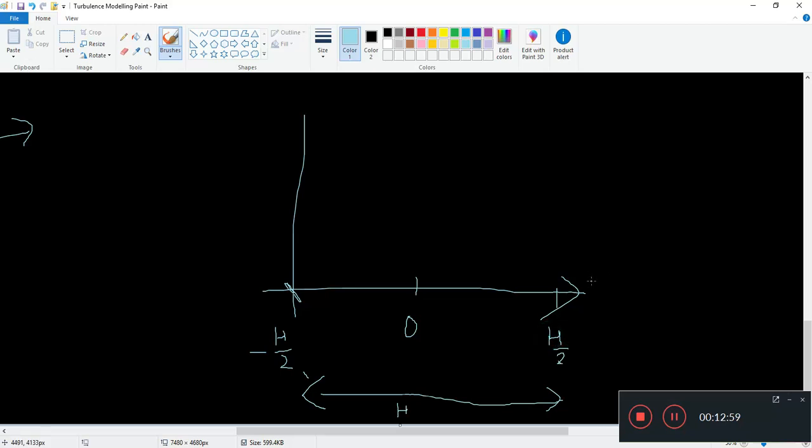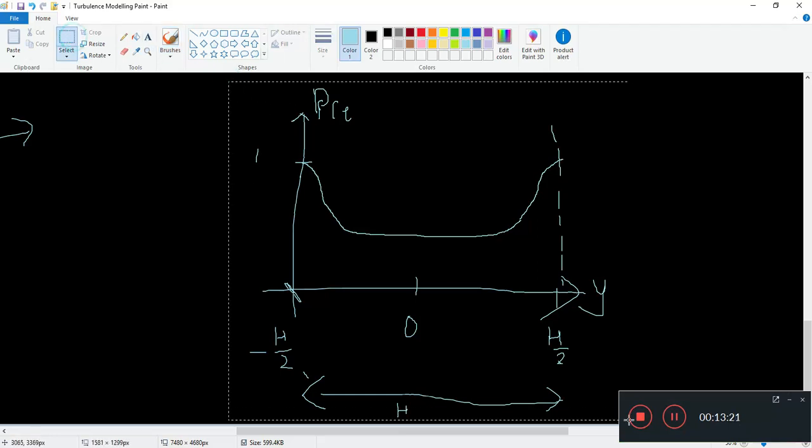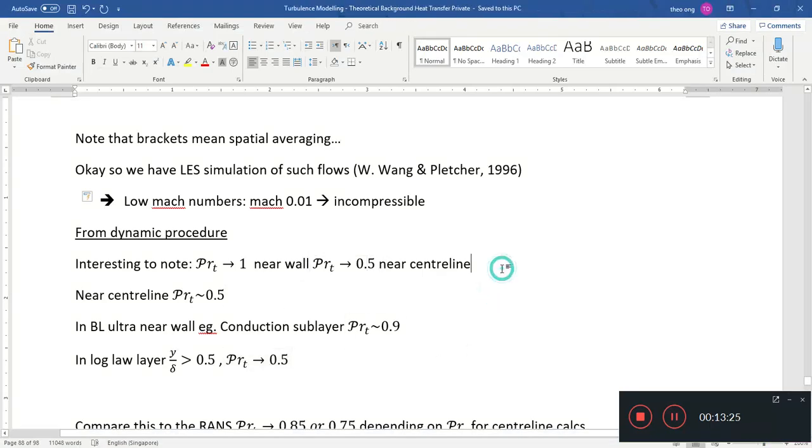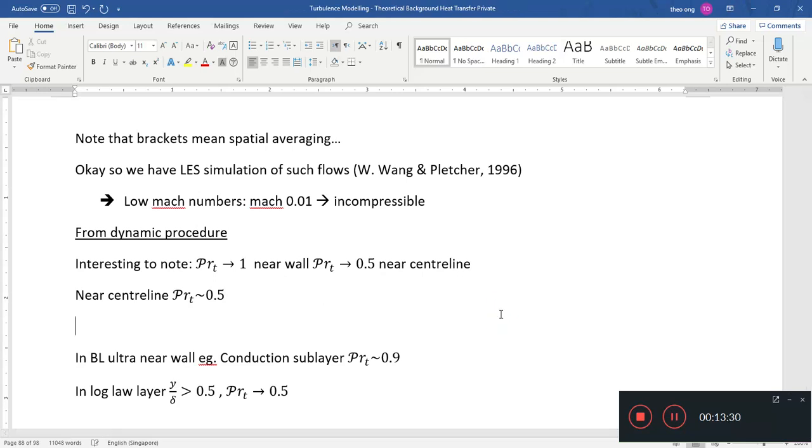Okay, so this is y, and you have a turbulent Prandtl number profile. Then you would have it near the walls, and then you dip very fast, and close to this wall it rises up again somewhere here. So this is what the profile looks like if you calculate it out dynamically for this non-supersonic flow. So near the center line it is about 0.5.